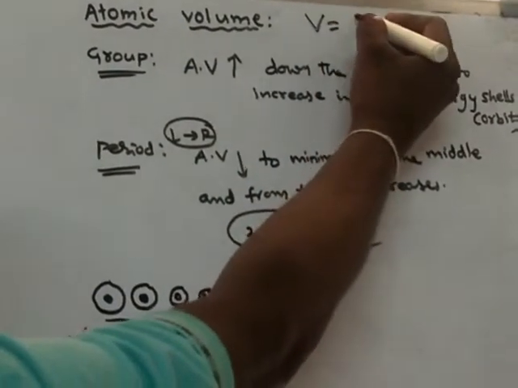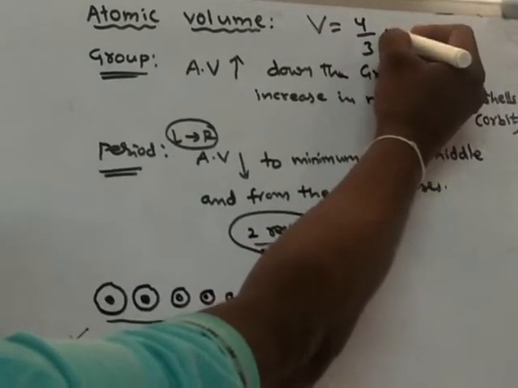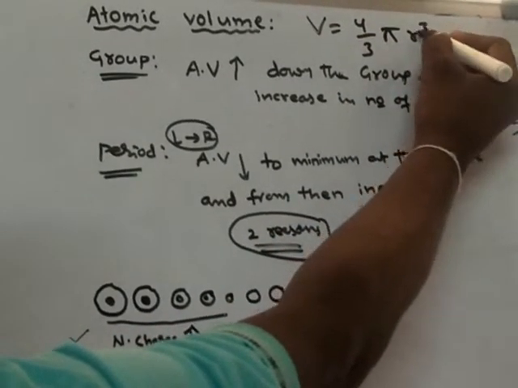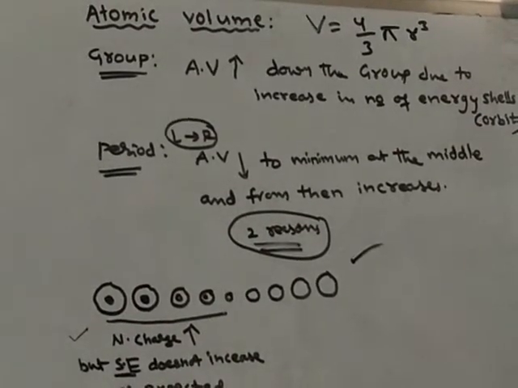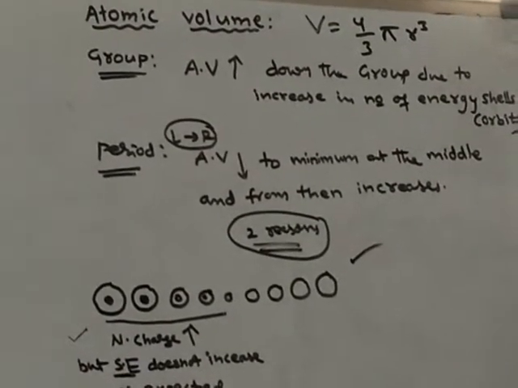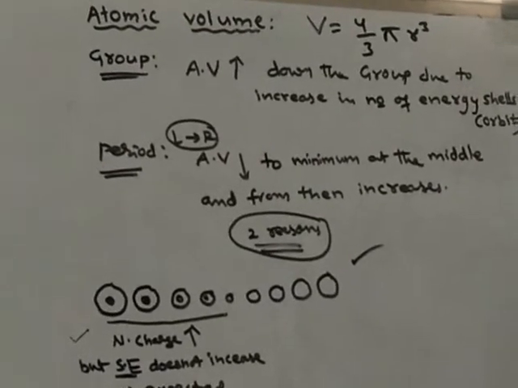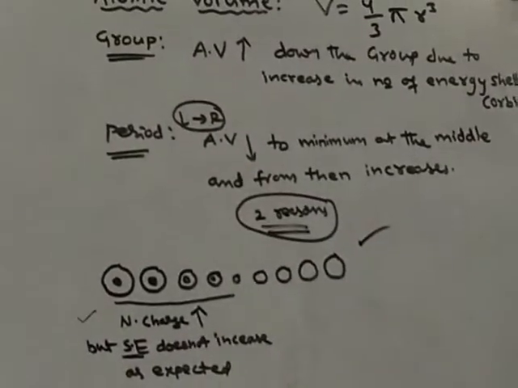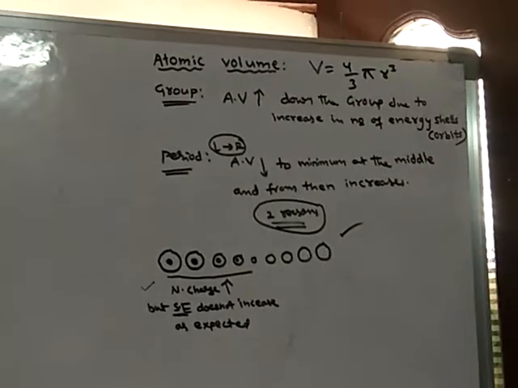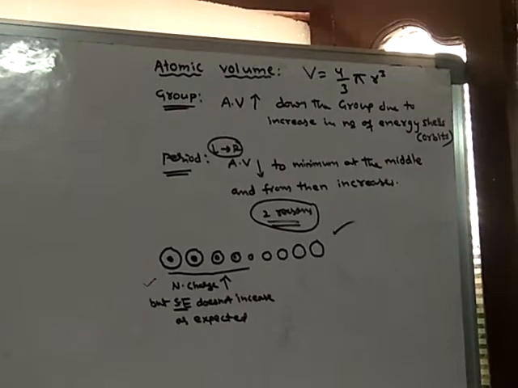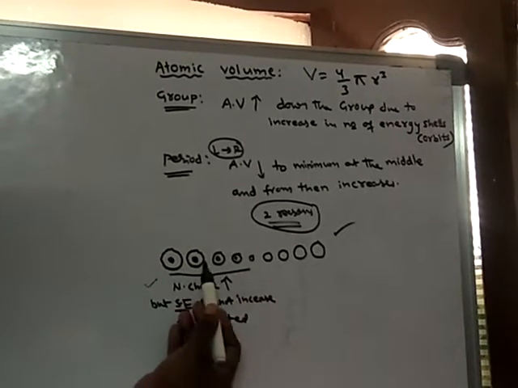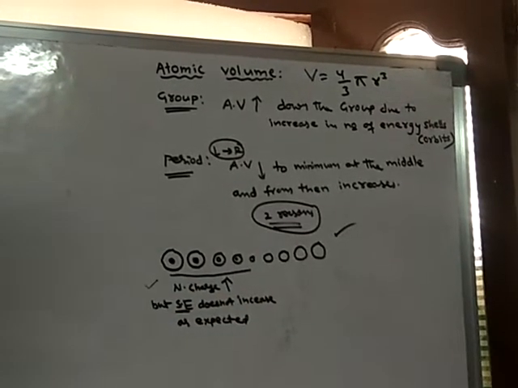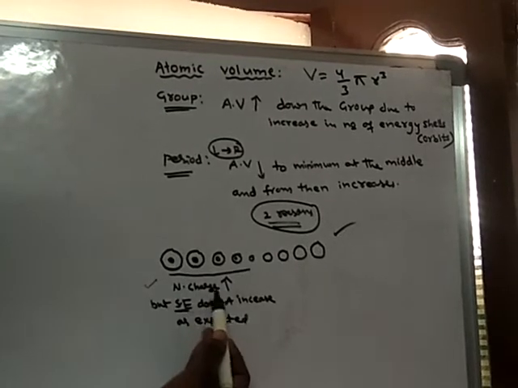Volume of the atom is equal to 4/3 pi r cube. So here up to the middle, the radius is decreased due to increasing nuclear charge.